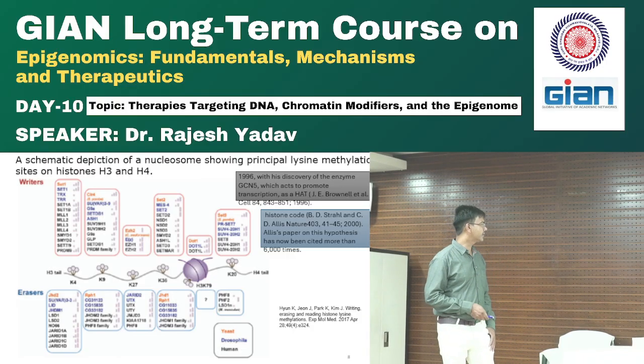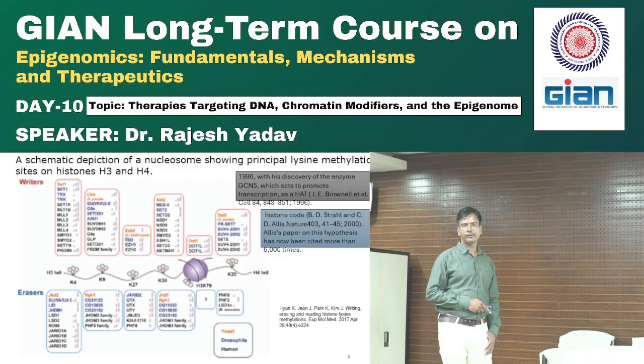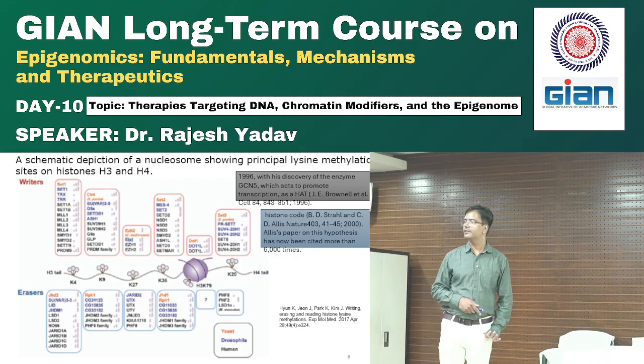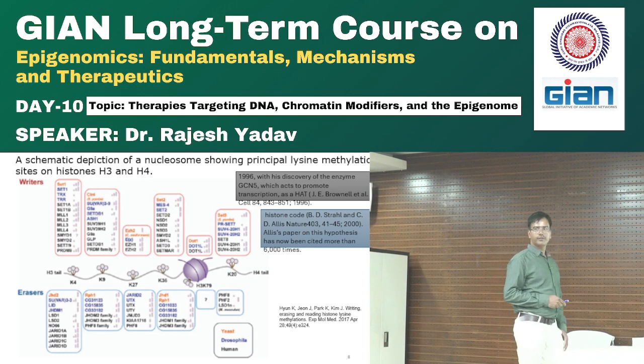And I said that you can go from yeast to Drosophila to human, human to Drosophila to yeast. And there are advantages and disadvantages to each system. I asked that question, remember? Those who were here. So this slide actually explains that conundrum.